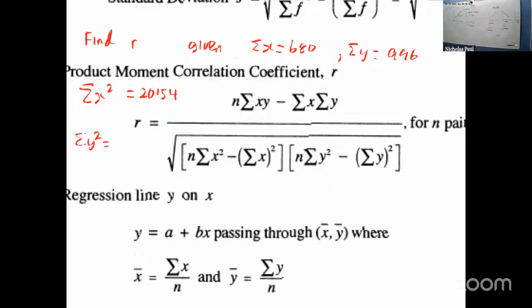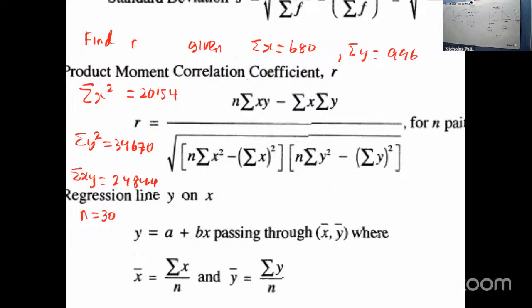Sum of Y squared is 34,670. Sum of XY is 24,844. And n is 30.